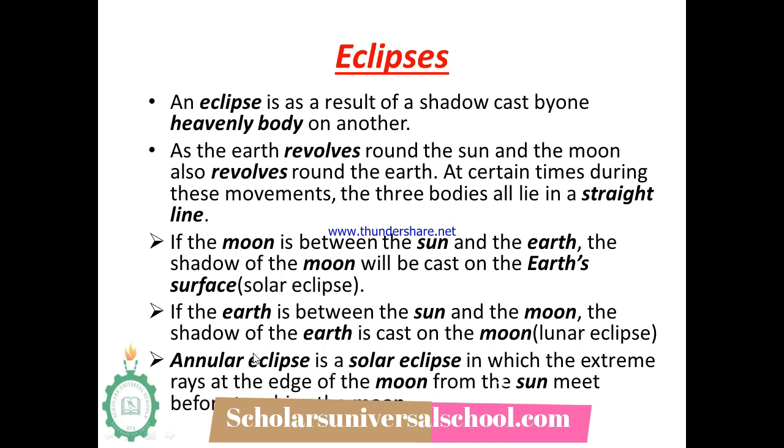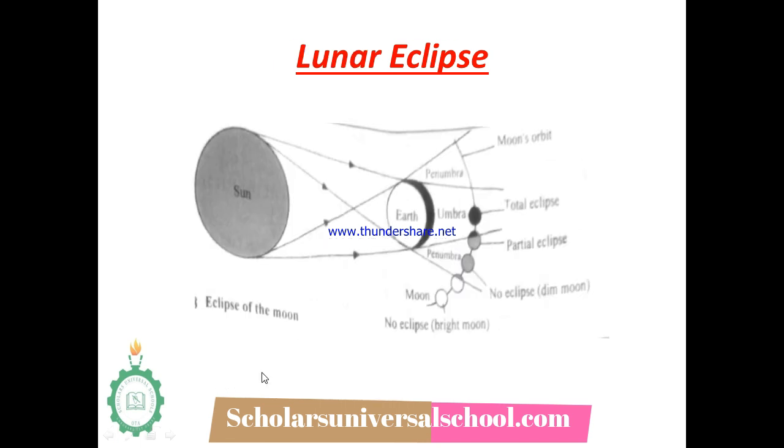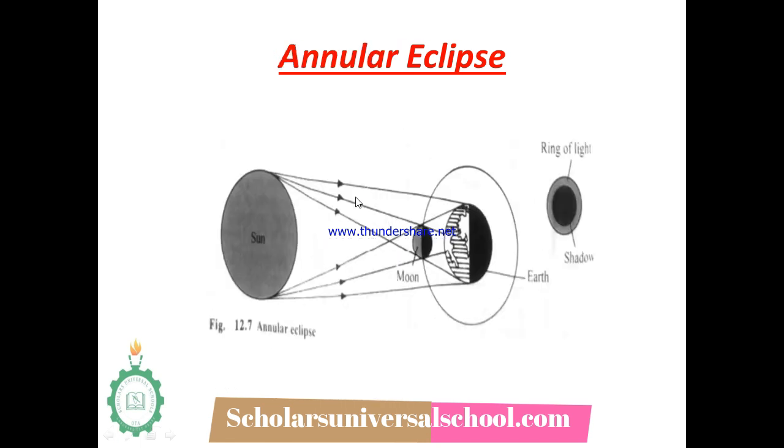So now, going back to this, what is annular eclipse? Annular eclipse is also a type of solar eclipse. But in this eclipse, you have the extreme rays at the edge of the moon. They meet before touching the moon. You can see from here the annular eclipse. You can see that it is still the sun, the moon in between, and then the earth.